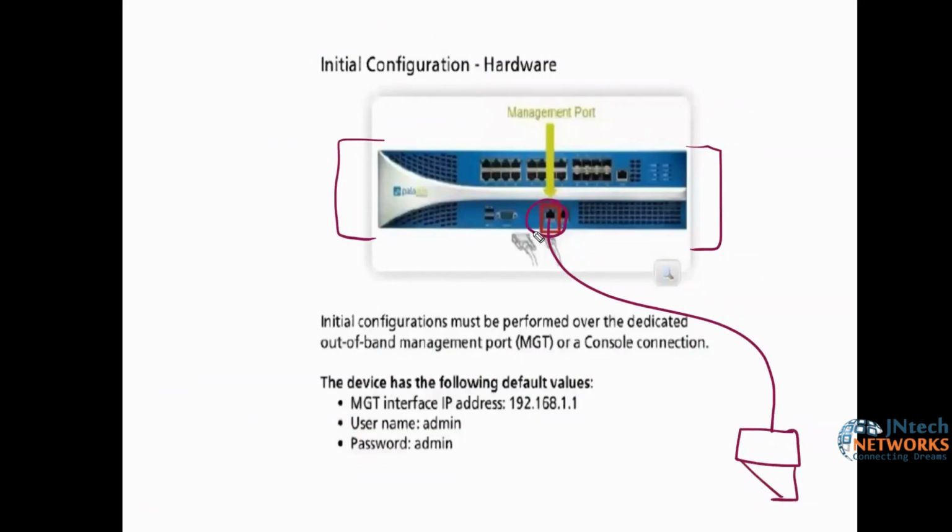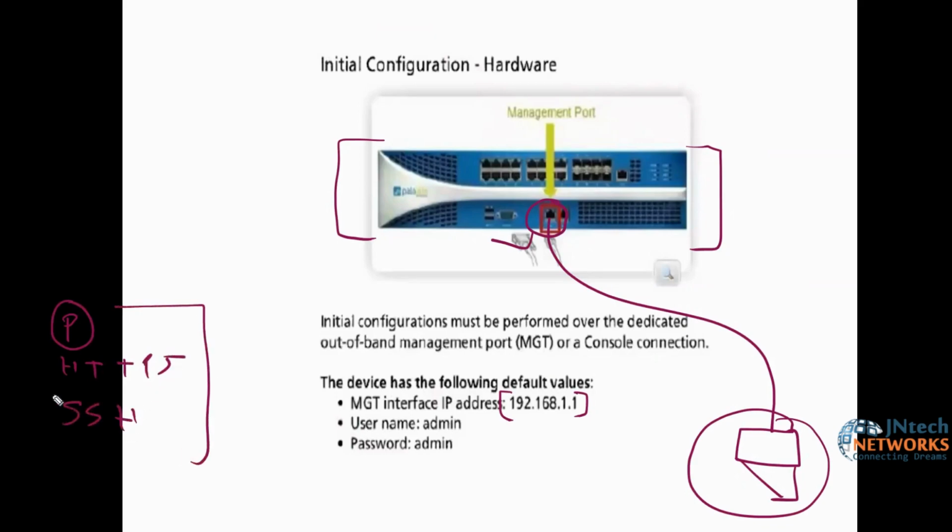By default, we have an IP address on this port. It's called 192.168.1.1. The same series of IP we can configure on this management PC. And by default, as I told you in the previous session, these services are enabled on the management port: Ping, HTTPS, and SSH.